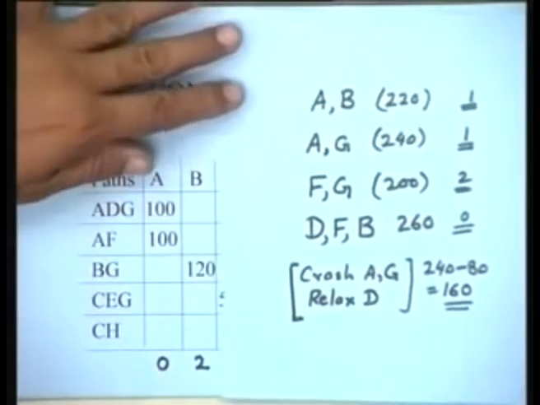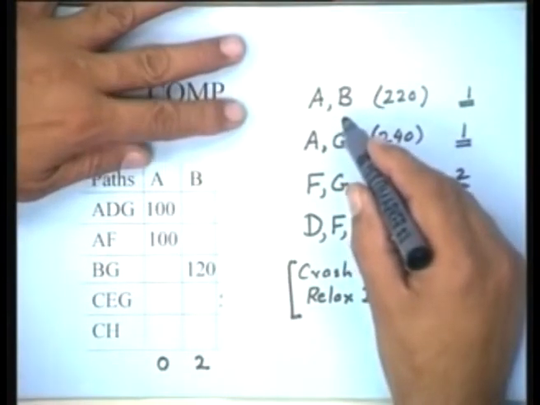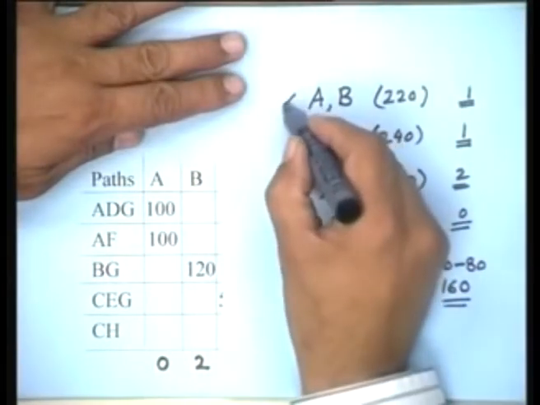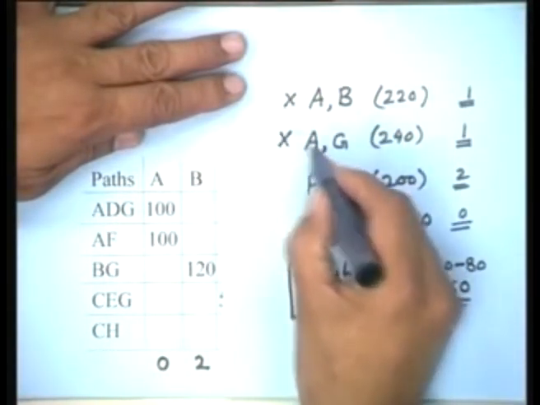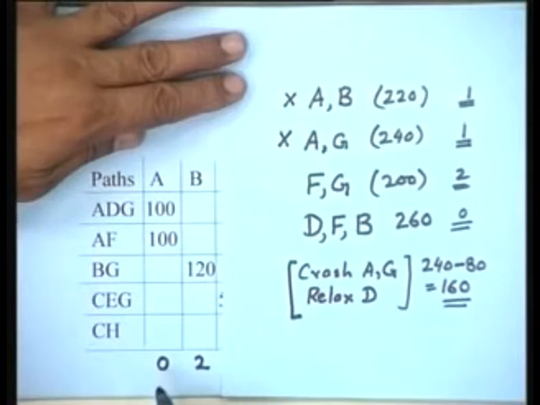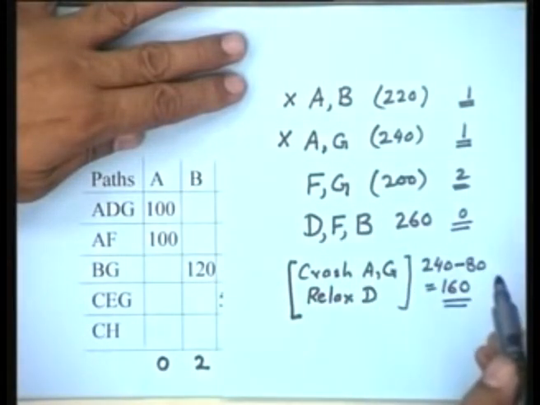Now in these options, what has been exhausted? A cannot be crashed anymore. So this option is not available. This option is also not available. All options which involve A are not available.